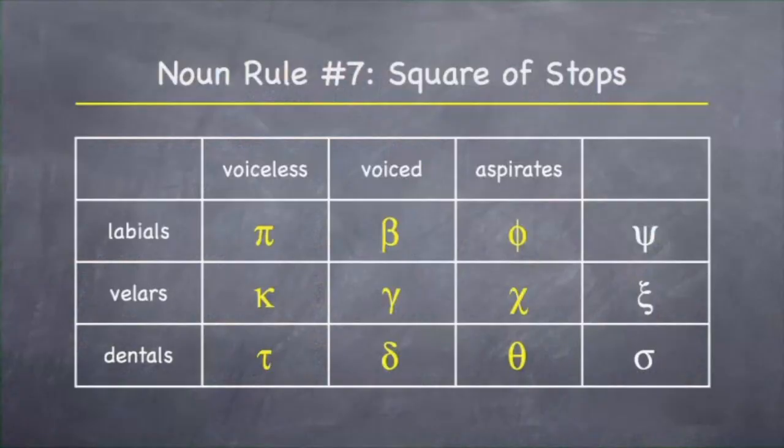the final column on the right-hand side is what happens when any of these consonants are followed by a sigma. If a labial is followed by a sigma, it doesn't care whether it's a P, beta, or phi.